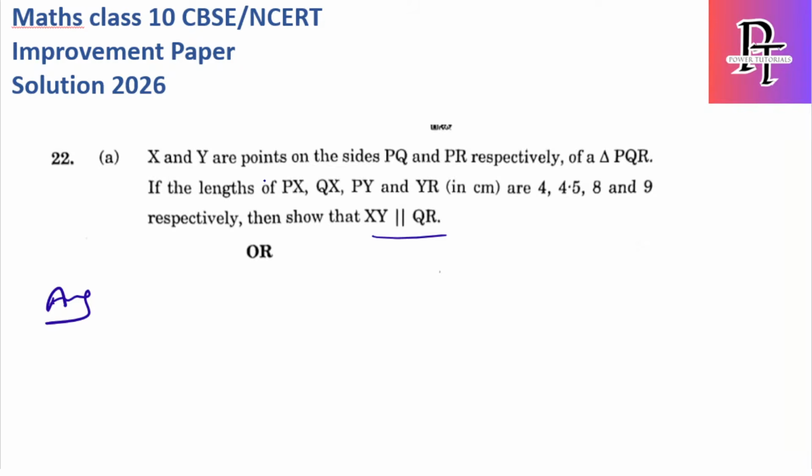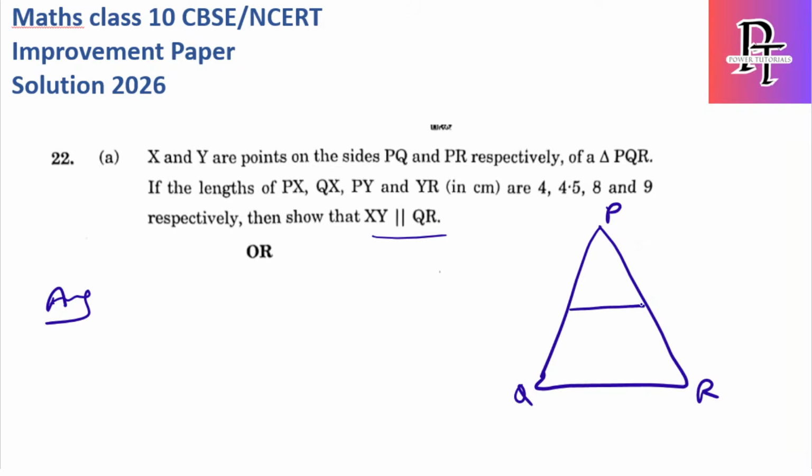Okay, of triangle PQR. So first I will draw a triangle PQR. What they are saying is X and Y are points on the sides PQ and PR. So this is X and this is Y. PX is 4, XQ is 4.5, and this is 8 and this is 9, YR is 9.